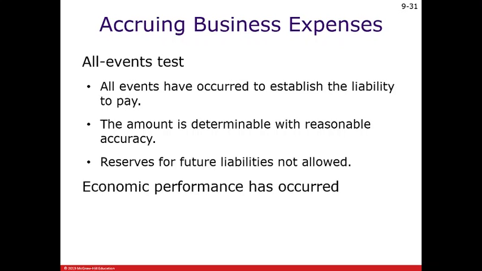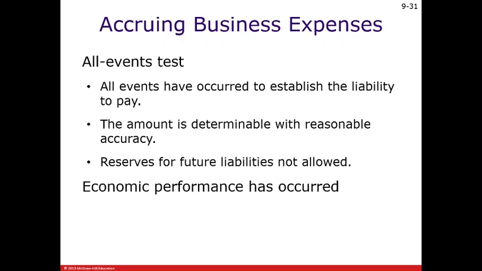Notice here, reserves for future liabilities are not allowed. Well, what does that mean? Well, recall that for financial accounting purposes, you have to determine the amount of bad debt write-offs every year, even though you're not going to write them off until sometime in the future.